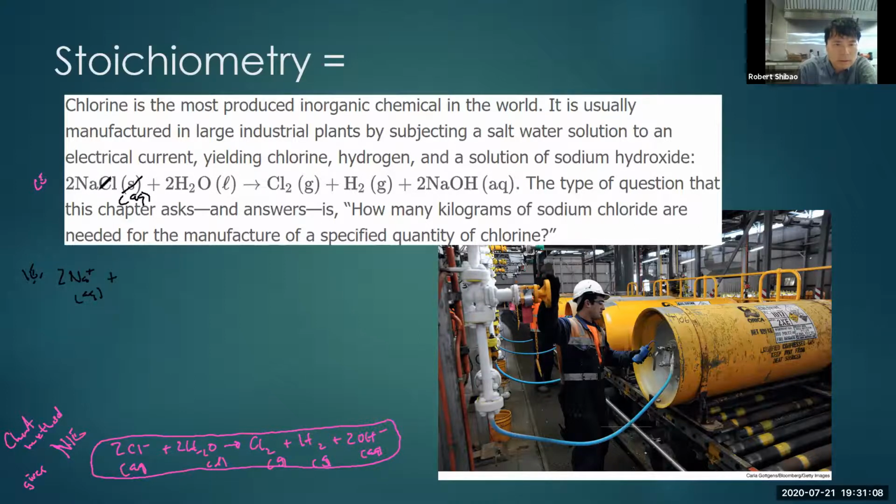And when the salt dissolves, it breaks up into ions, 2 sodiums and 2 chlorides for every 2 sodium chlorides. This will be AQ. Water is not a soluble salt, it's not a strong acid, and it's not a strong base, so we just leave it alone. Chlorine is not a strong acid, not a strong base, and not a soluble salt, so leave it alone. Same thing with hydrogen, leave it alone.